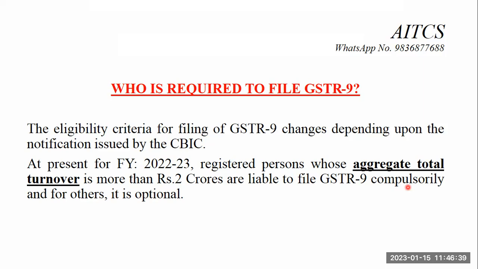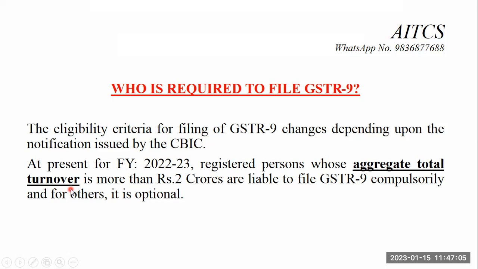Optional means filing of GSTR 9 depends upon the wishes of the taxpayer. He or she may file or may not file. There is no compulsion at all. In this criteria, one condition is very important, that is aggregate total turnover.